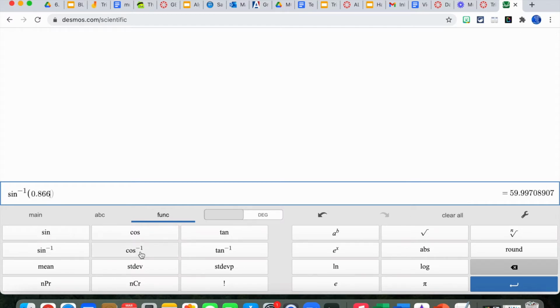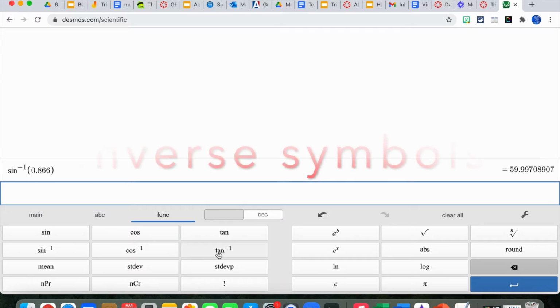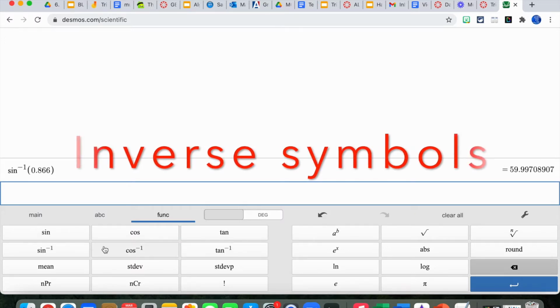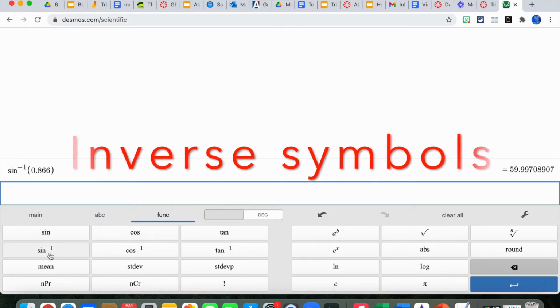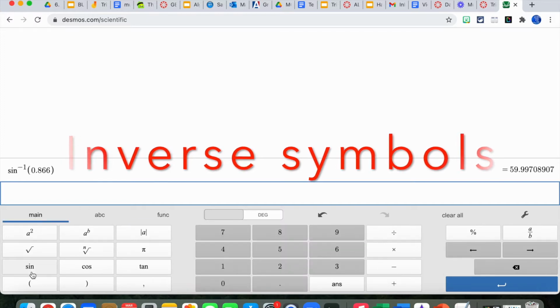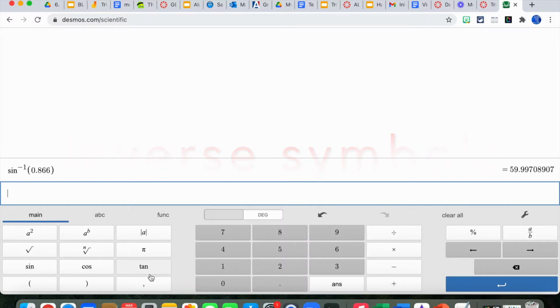And if this is correct, it should give me the angle of 60 degrees. Hit enter, and there it is. My angle is equal to 59.9, which is going to be rounded up as 60 degrees. And we can use this. Remember, this is the inverse of sine, the inverse of cosine, the inverse of tangent, and we can go to main to use the main functions, sine, cosine, tangent.